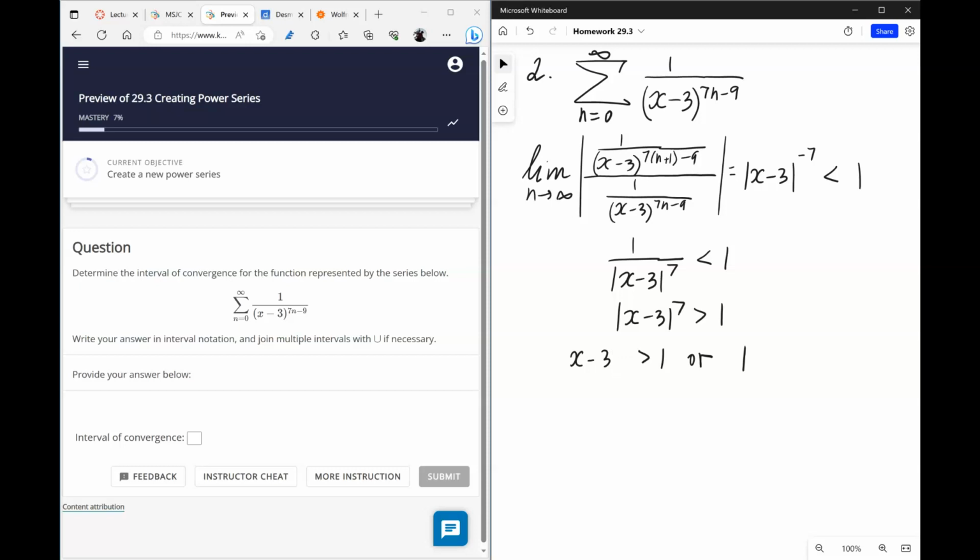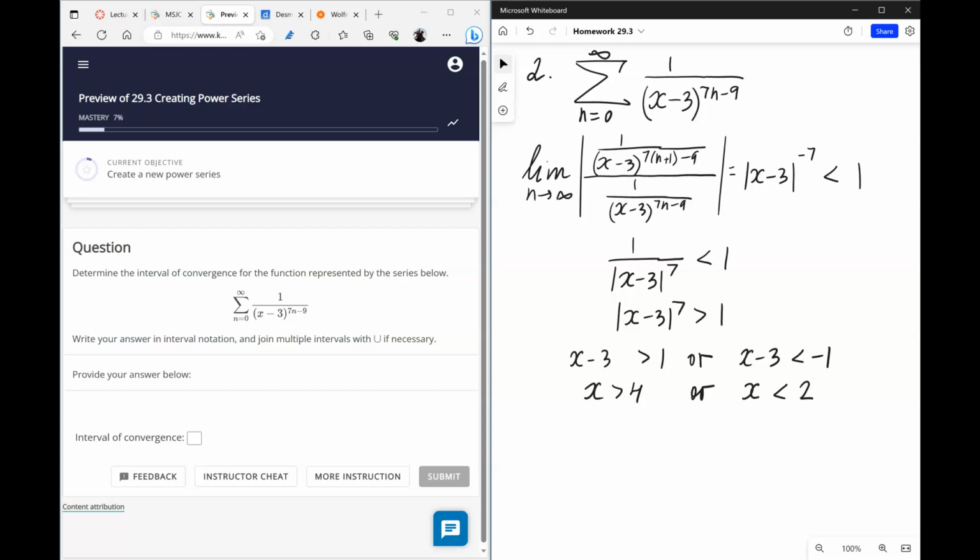So x minus 3 is greater than 1, or x minus 3 is less than negative 1. So x must be greater than 4, or x must be less than 2.